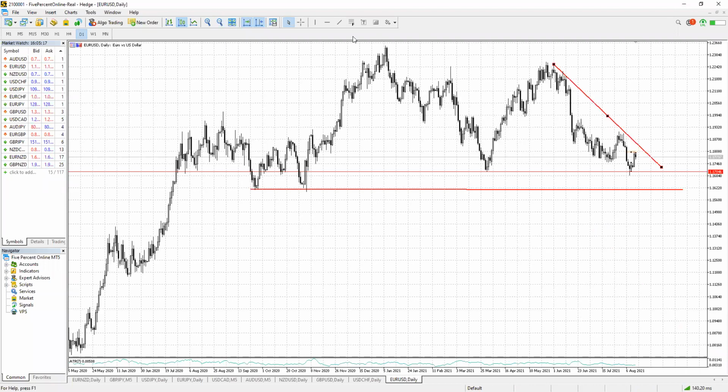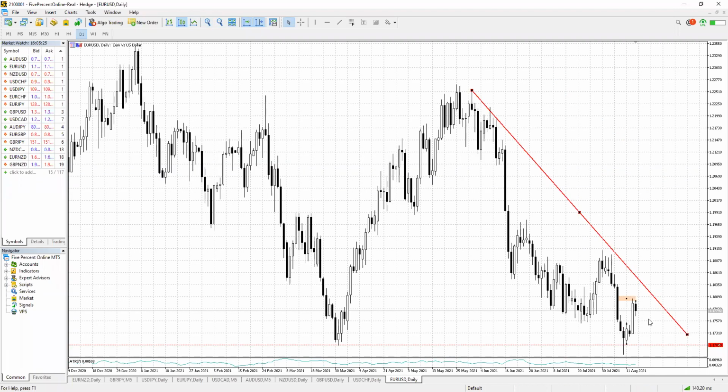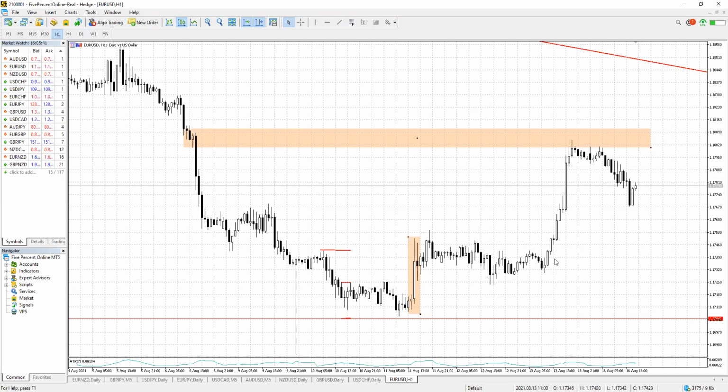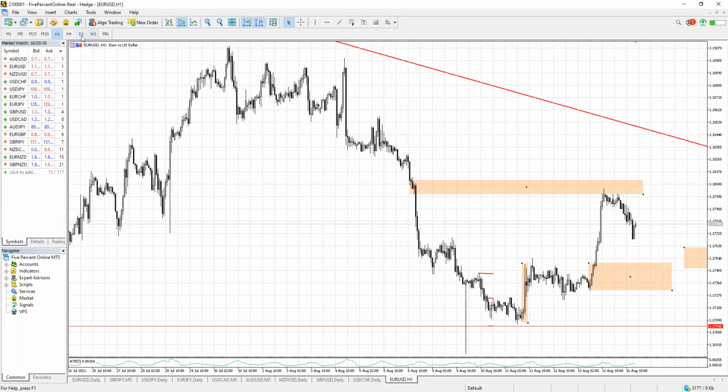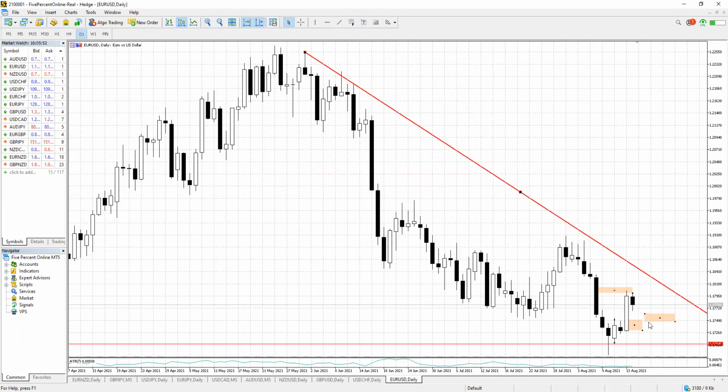Or if we take the big picture, we are inside that large range, and this movement might be the beginning of the next leg higher. So what we want to see is another pivot point being formed, maybe at those, okay, around that demand area, okay, somewhere there, and from there to see the market go higher.